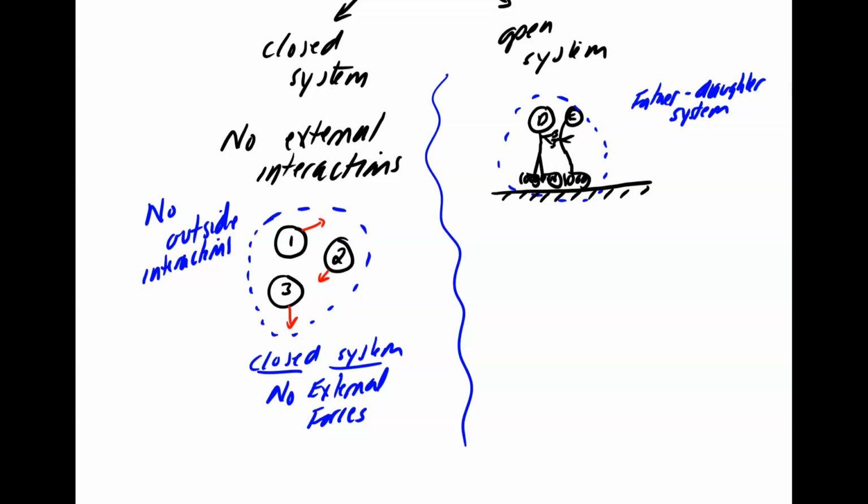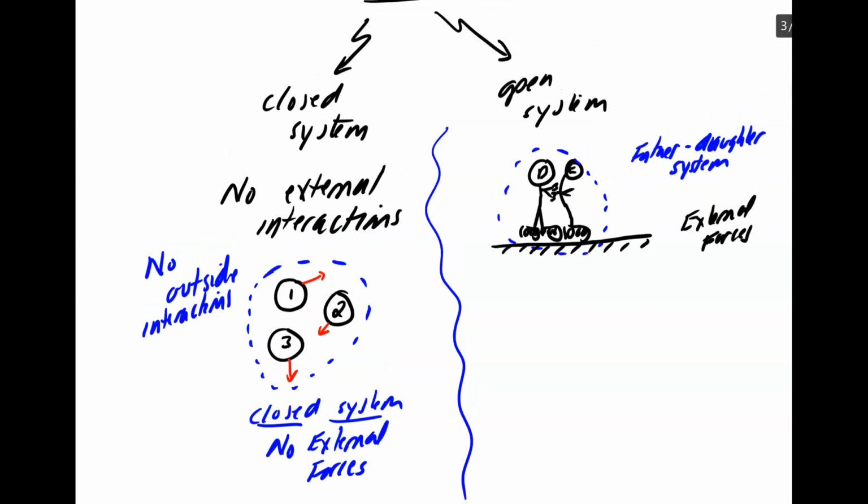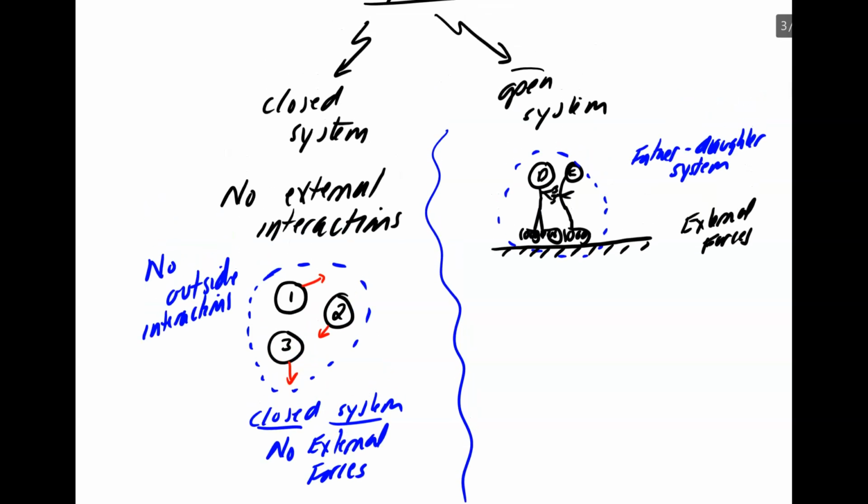So they are on Earth, and there are outside forces. So there are external forces acting on our father-daughter system. When you have external forces, you have what we call an open system, and then you have to push a little deeper than with a closed system.